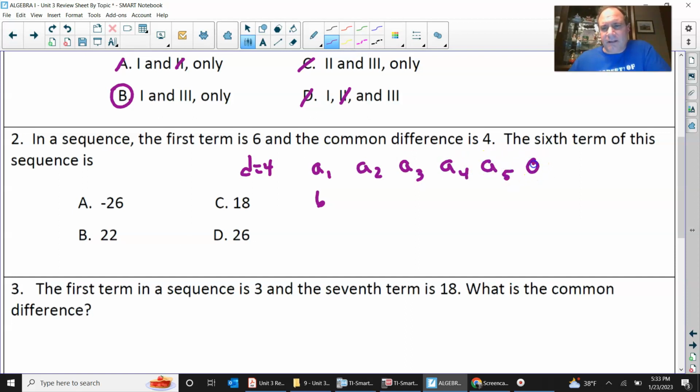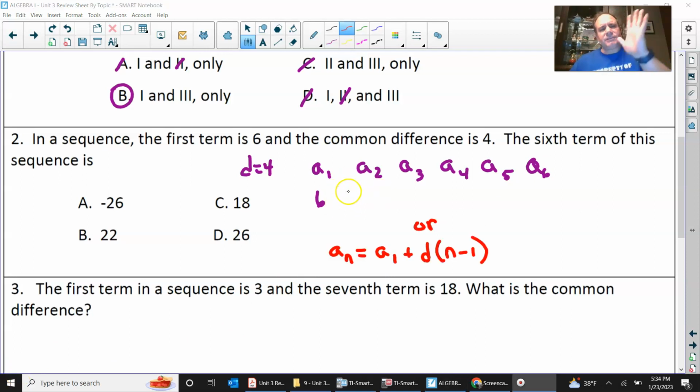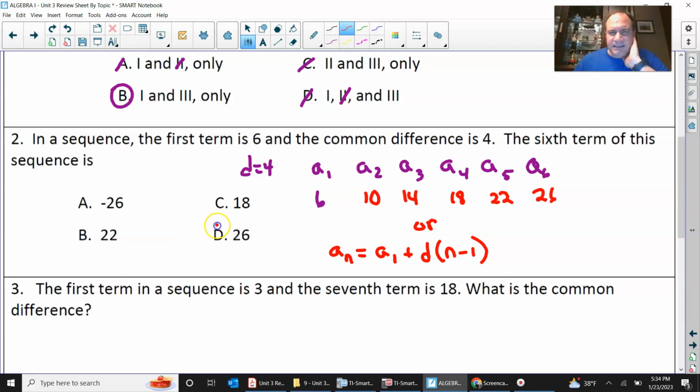Now, you could figure it out like I'm putting it together right now, or you could just use the formula. So plus 4 would be 10, then 14, 18, 22, and plus 4 again would be 26. That is easy enough. I wouldn't even use the formula if it was just me.